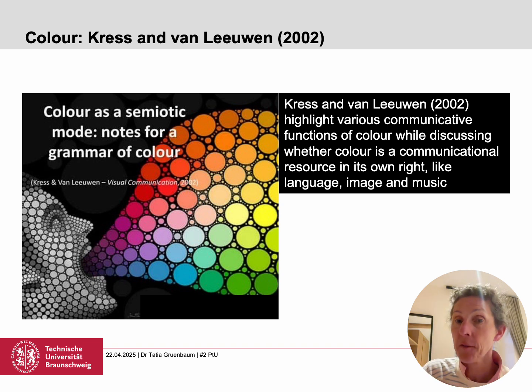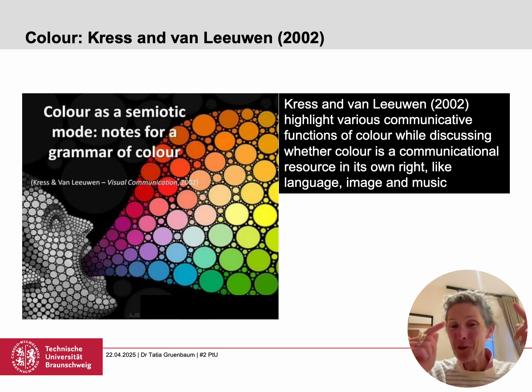Now, what Kress and Van Leeuwen also discuss, and this is quite interesting, is how individuals have varying meanings attached to the same color. And that is all based on personal association. And that again links to Möbius and the shift of focus when we're looking at color.